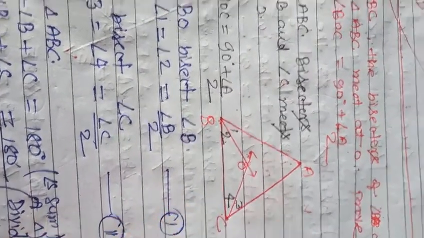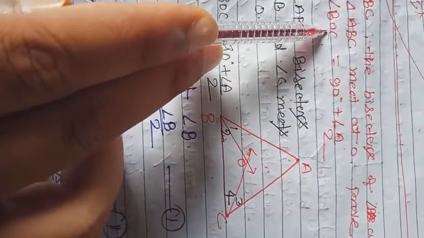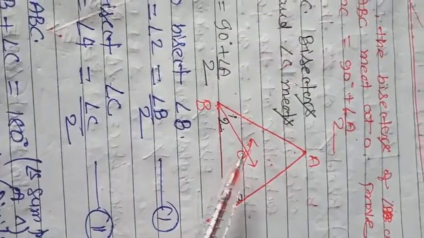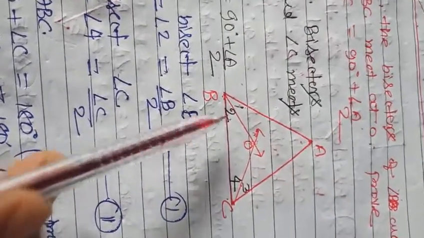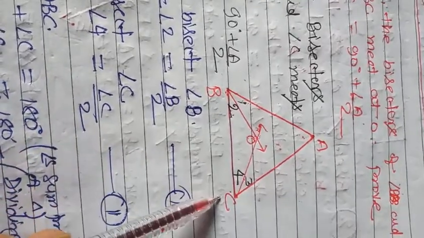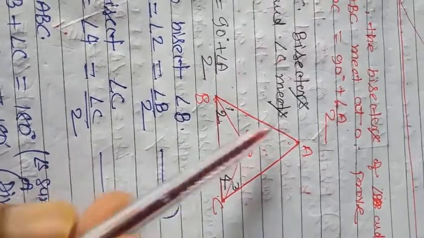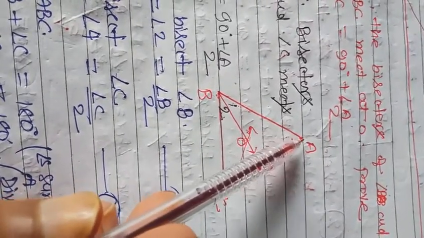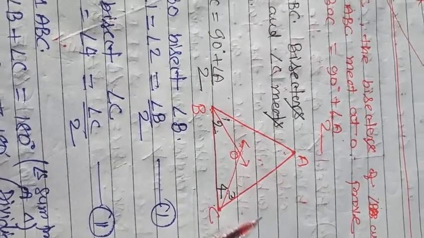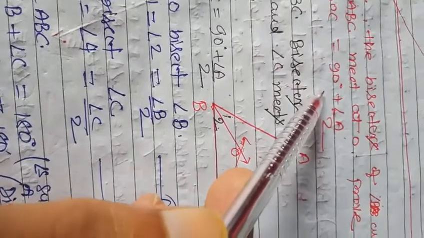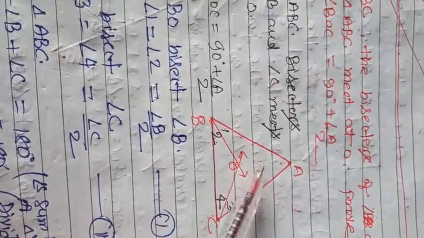That means this proof is the relation between BOC and angle A. So look here, angle BOC is a part of triangle BOC and angle A is a part of triangle ABC. So we prove this result with the help of these two triangles.